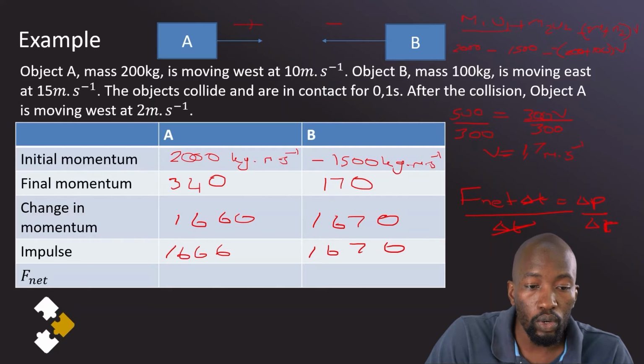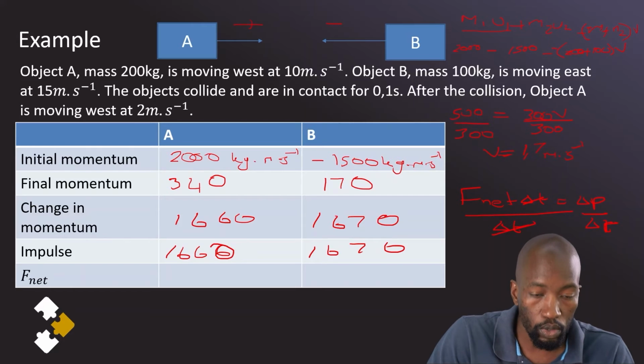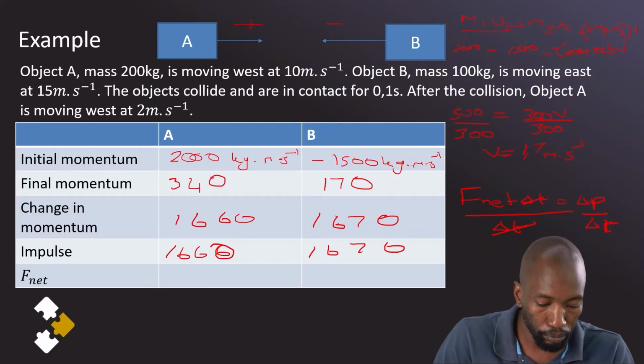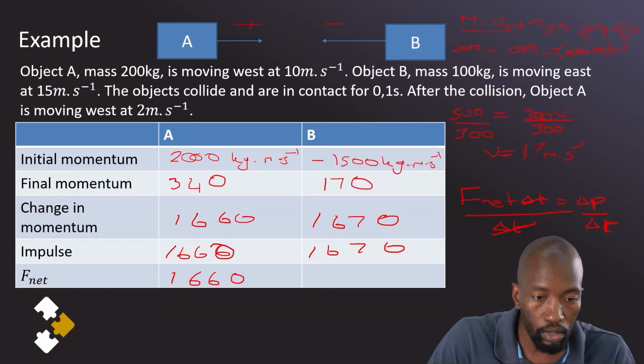So it'll be 1660 divided by 0.1. Let's do that. 1660 divided by 0.1, and that gives us 16600.